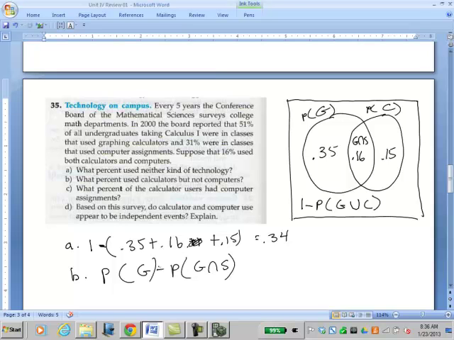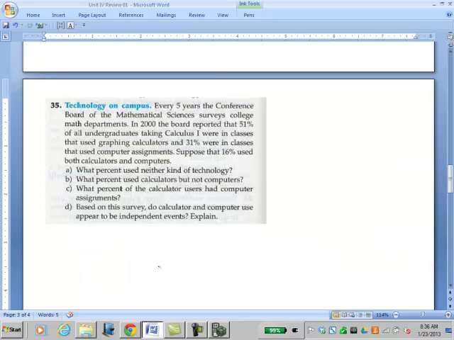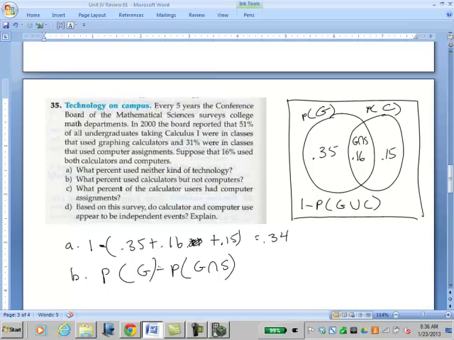Yes, it's actually in both of them, right? Which is why if you're going to do G or C, you want to count it at least once. You're not going to subtract it twice. It's in there twice. Are you understanding this?